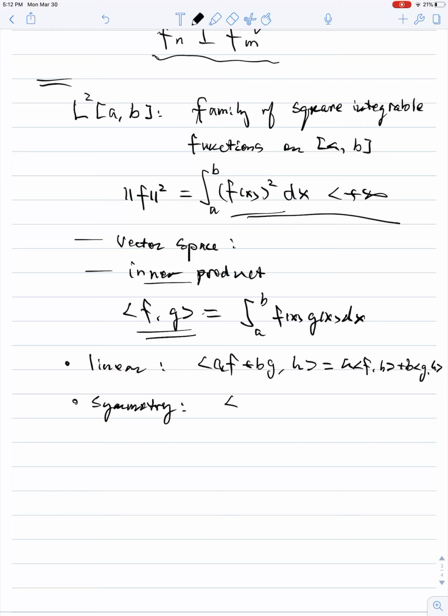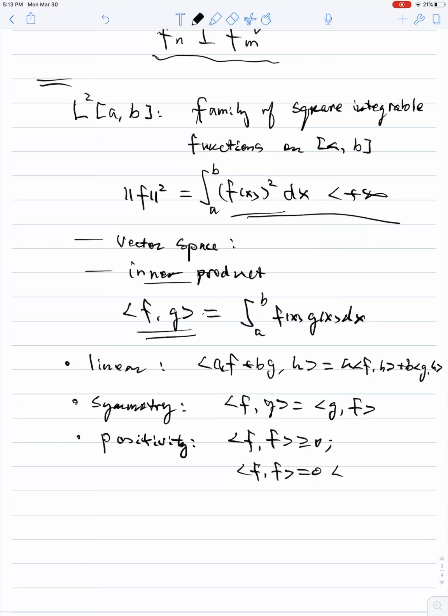Symmetry means that if you interchange f and g, the product should be the same. And it has to satisfy the positivity condition. That means the inner product of f with itself is always non-negative, and the inner product of a vector with itself is 0 if and only if f is 0.